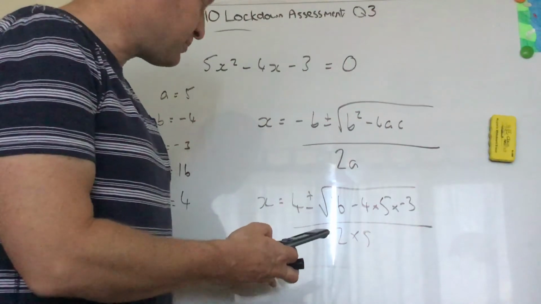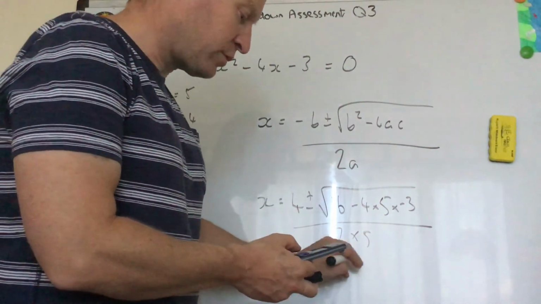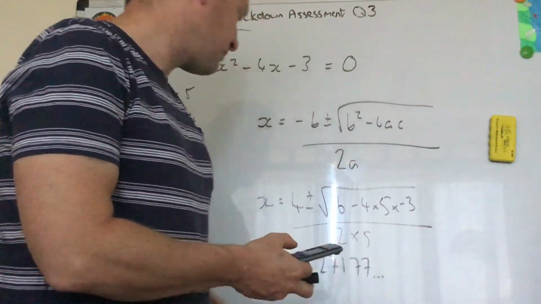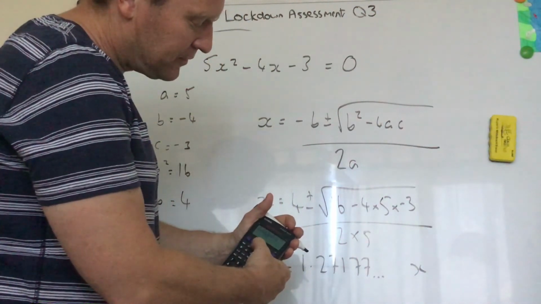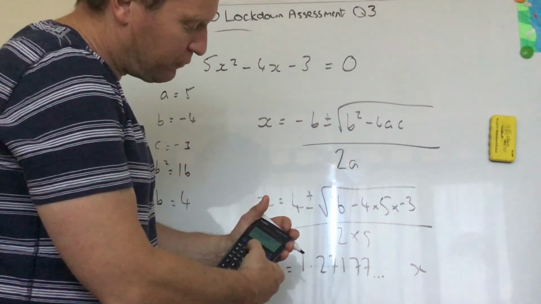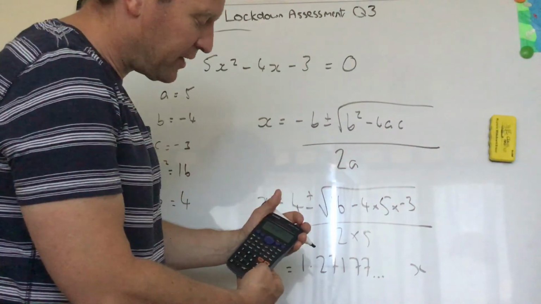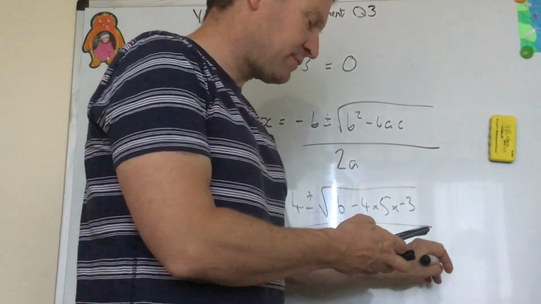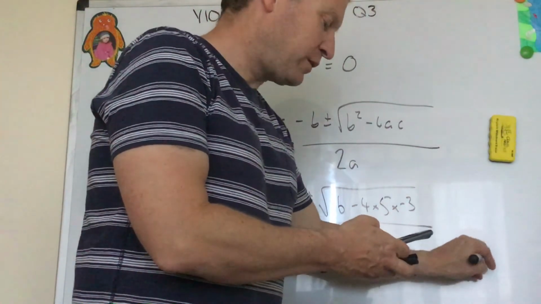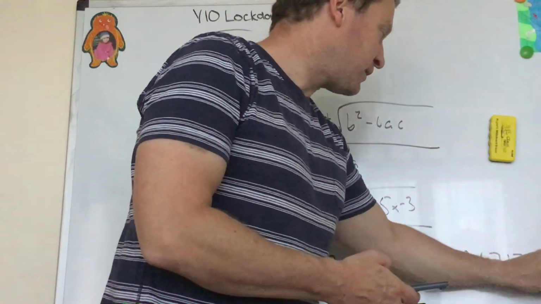If I press the SD button, I get my first answer, 1.27177 dot dot dot. Okay. I then scroll back using a little left arrow until I get to before the square root sign. Press delete to get rid of a plus and put in a minus instead. Press equals again and I get my second answer for x, which is minus 0.471779 dot dot dot.